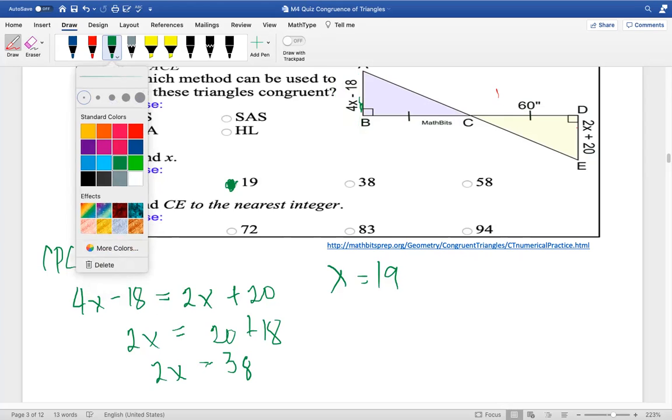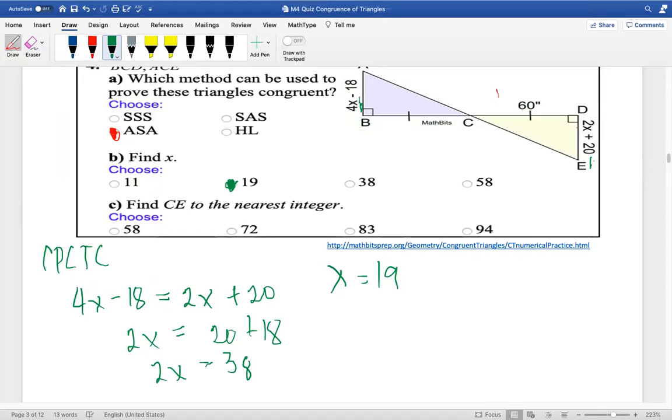Okay, so we already cleaned up, and we knew that x is equal to 19. Since x is 19, our DE is equal to 2x plus 20.